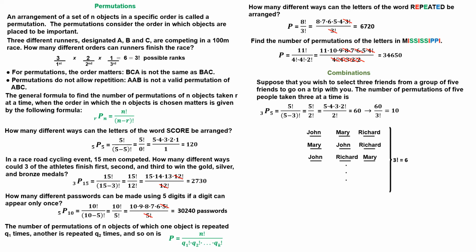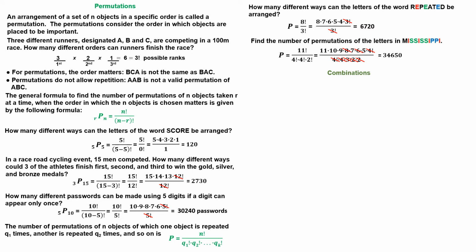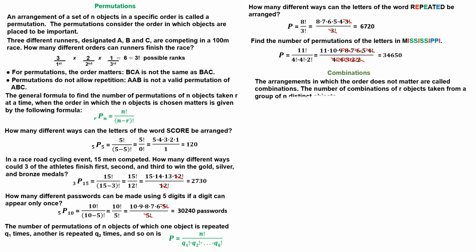This is what mathematicians call a combination. The arrangements in which the order does not matter are called combinations. The number of combinations of r objects taken from a group of n distinct objects is given by the formula.